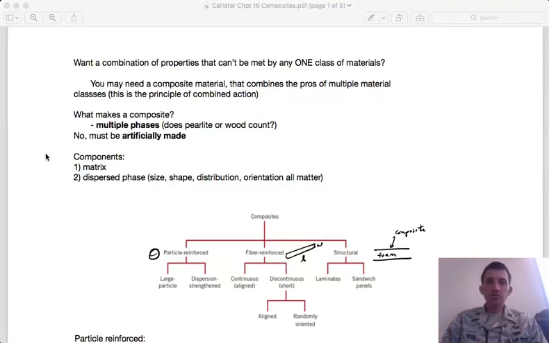You essentially are able, to a certain extent, to combine the pros of multiple material classes and compensate for disadvantages of any one class of material. So this is what's meant by the principle of combined action. So you're putting these together, and they are compensating for one another essentially.